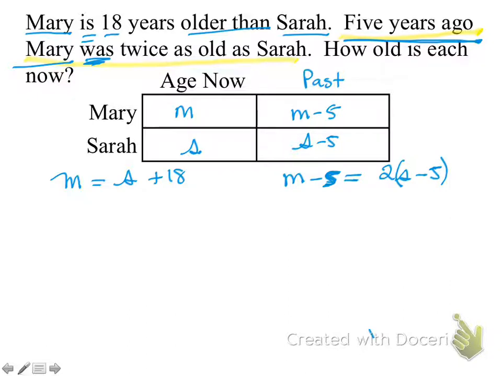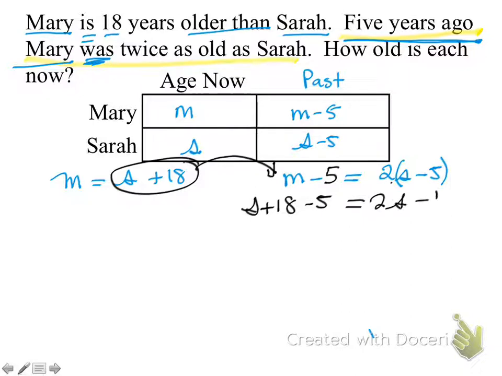Okay, so you really need that. Are you guys good? So I have M minus 5 equals 2 times the quantity of S minus 5. Now I'm going to do substitution. And we have S plus 18 minus 5 equals 2S minus 10.